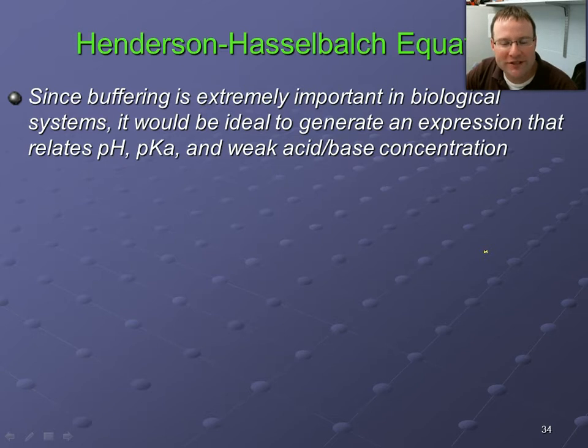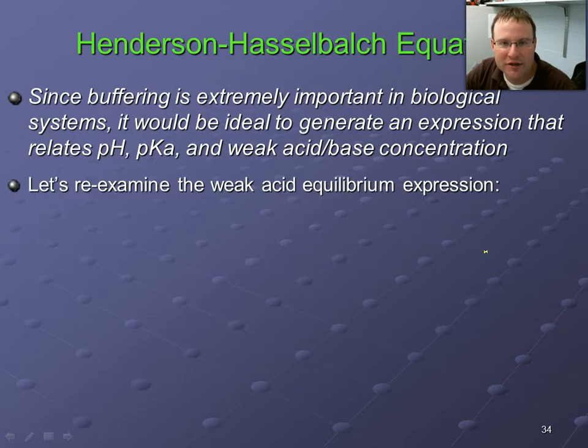We want to resist changes from a thermodynamic point of view in biological systems. It would be ideal to have a mathematical expression that allows us to relate pH to pKa and weak acid base concentration. So we're going to do that now, and we're going to re-examine the weak acid equilibrium expression.